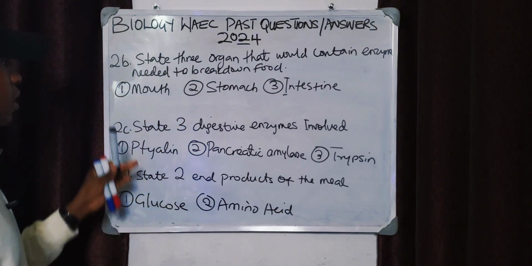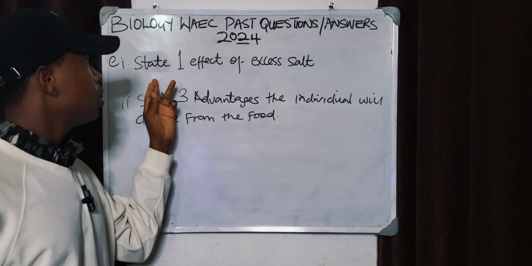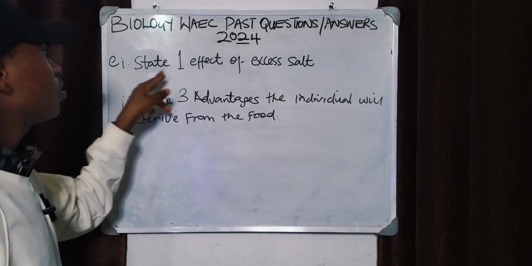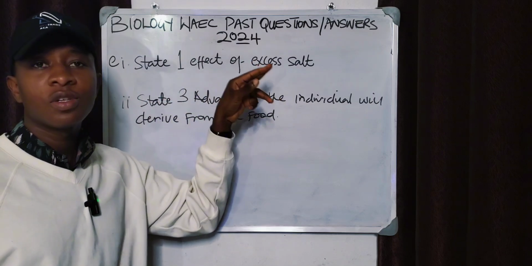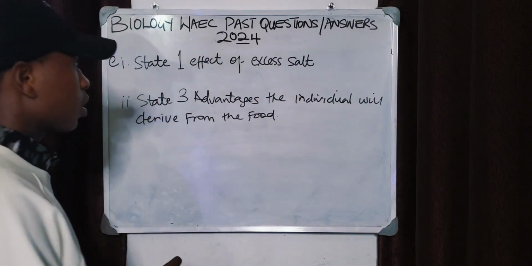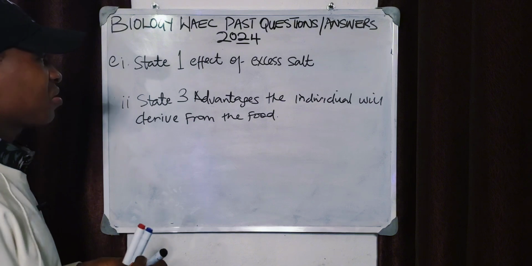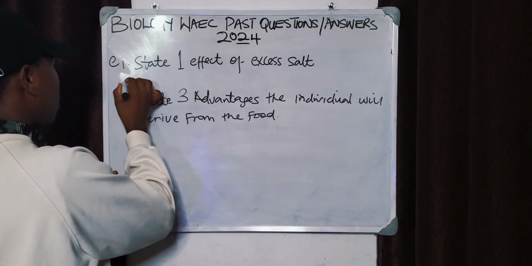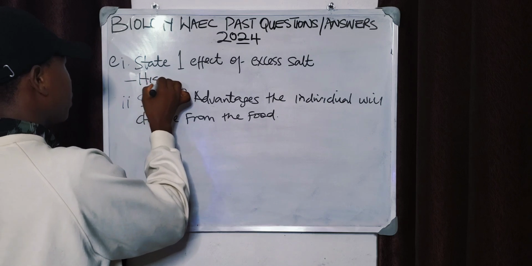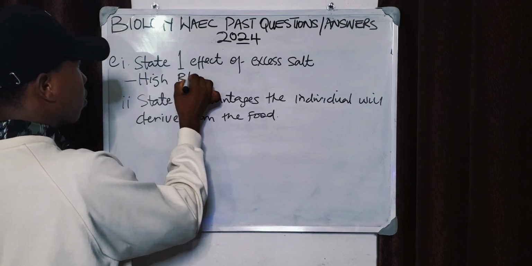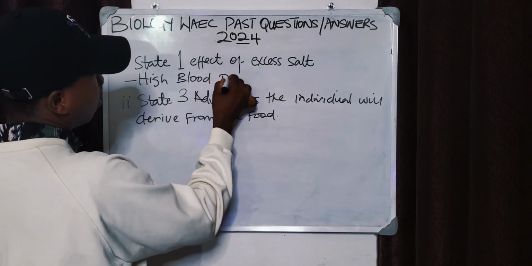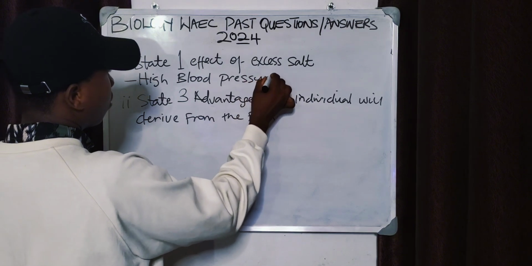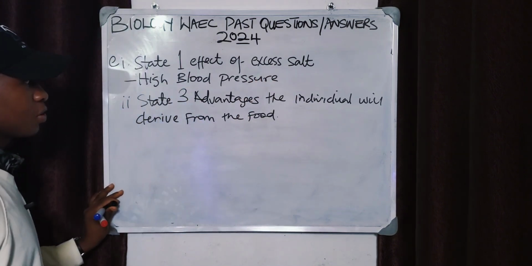All right, that's the answer for that question. The E part says state one effect of excess salt in that meal. One of the effects of excess salt is high blood pressure.